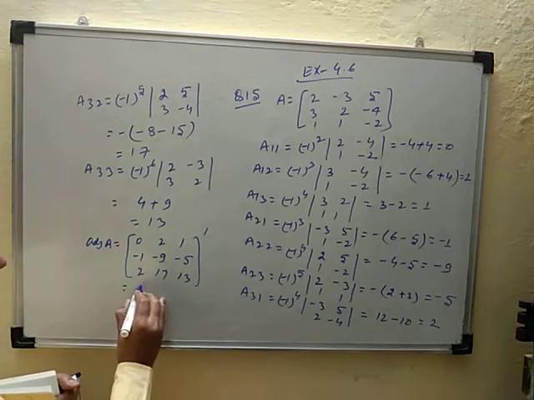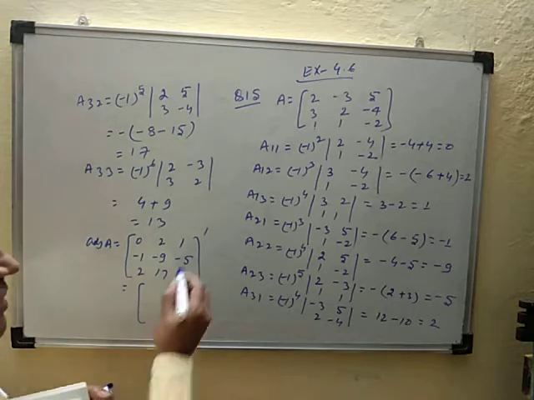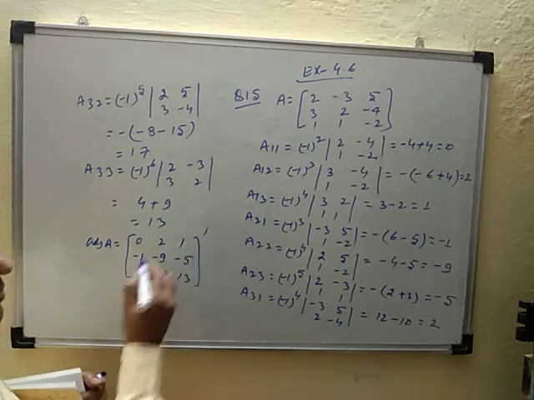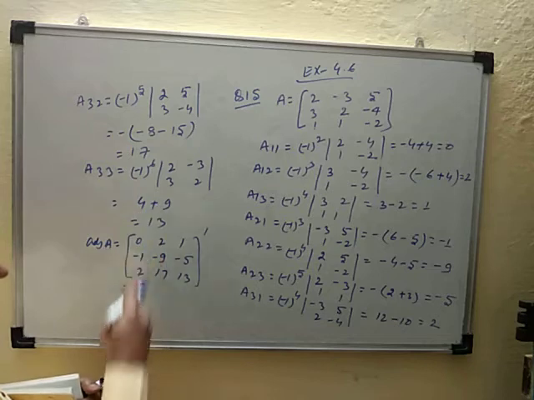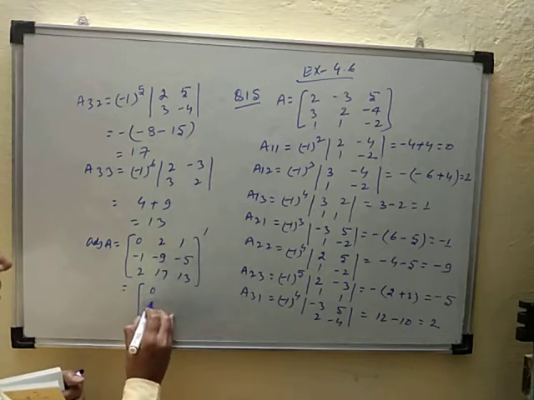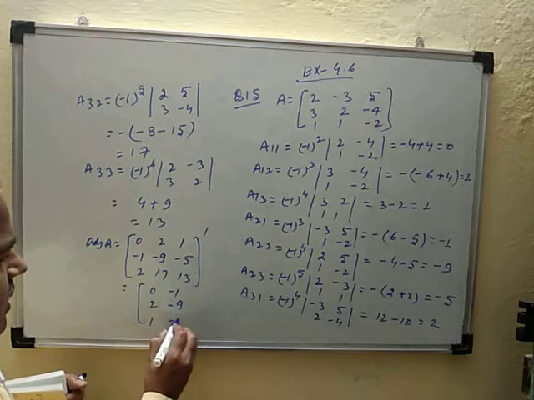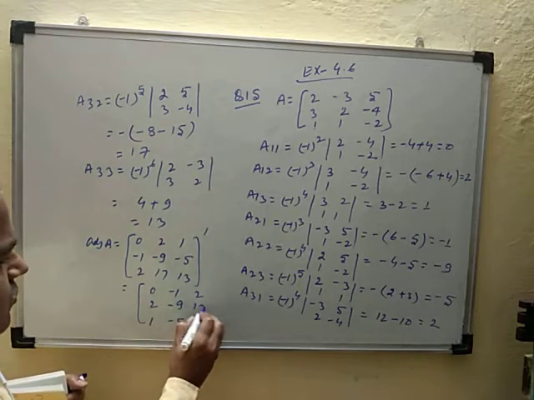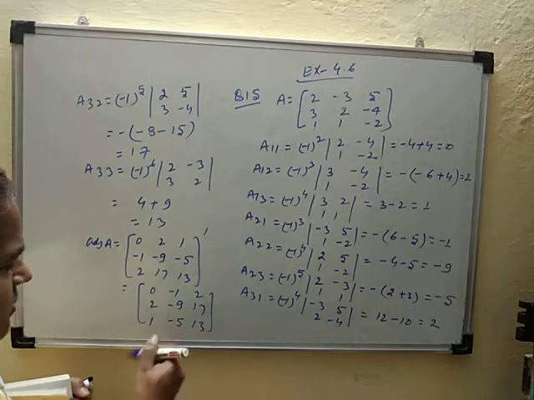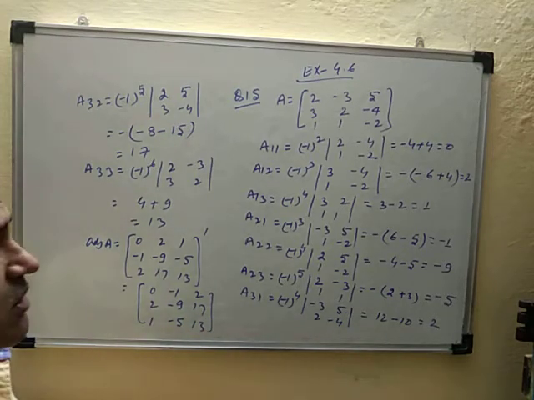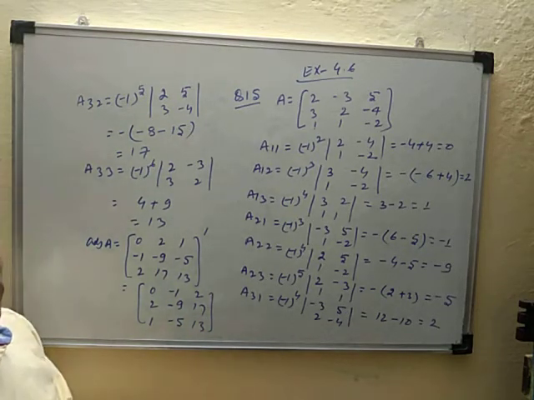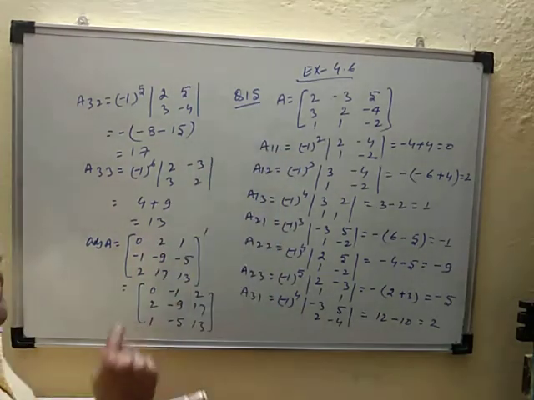Now taking transpose, row changes into column, that is 0, 2, 1, -1, -9, -5, 2, 17, 13. This is the adjoint. Now for inverse, find their determinant.